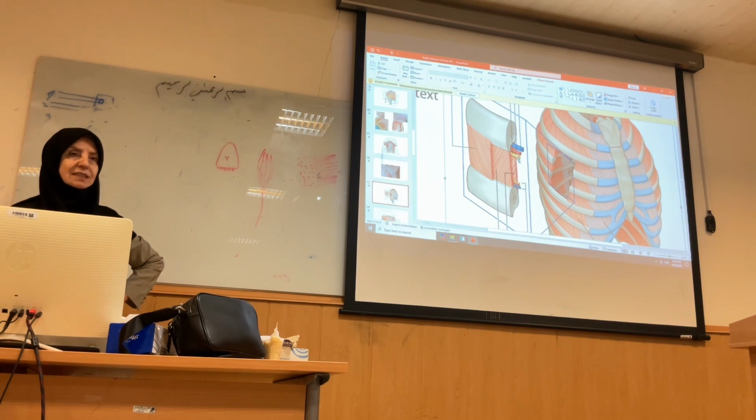According to this picture, these bundles pass between which intercostal muscles? Internal and innermost. It is important. They pass between these two muscles.